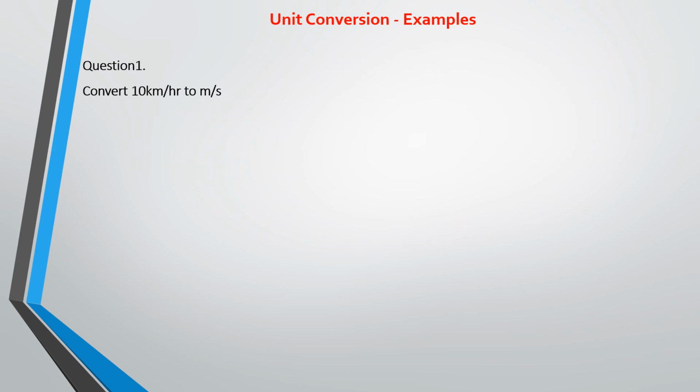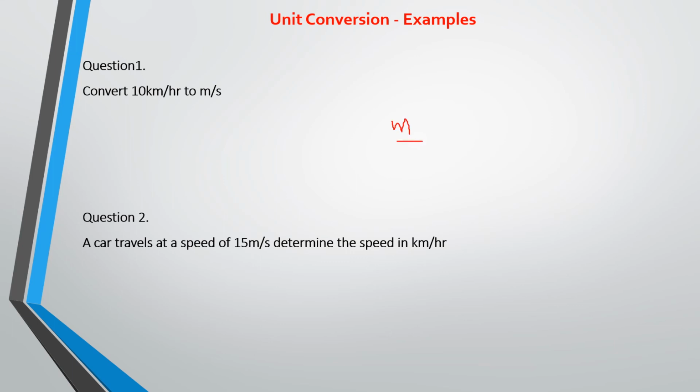Okay, so this is another question. This one says a car travels at a speed of 50 meters per second. Determine the speed in kilometers per hour. So we'll use the second equation to solve this one. To convert from meters per second to kilometers per hour, use this equation: the meters per second that is given to you multiplied by 3600 divided by 1000.